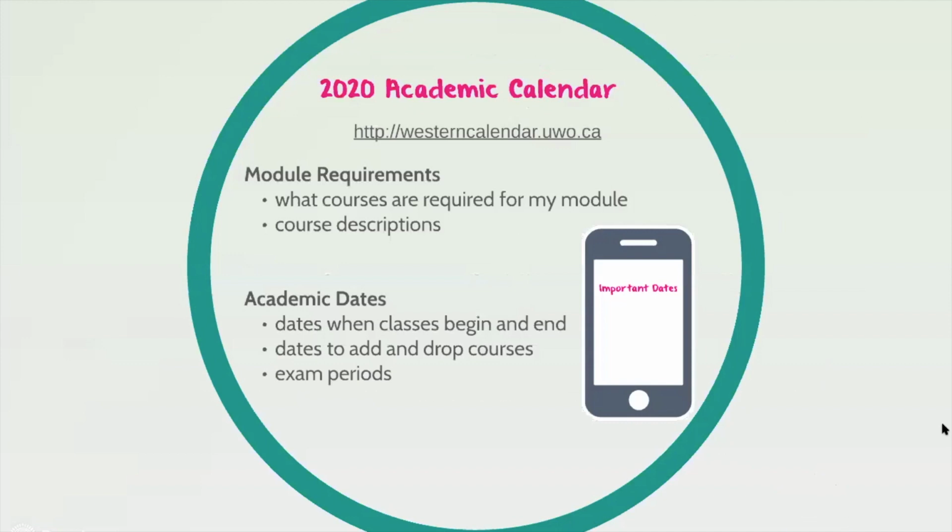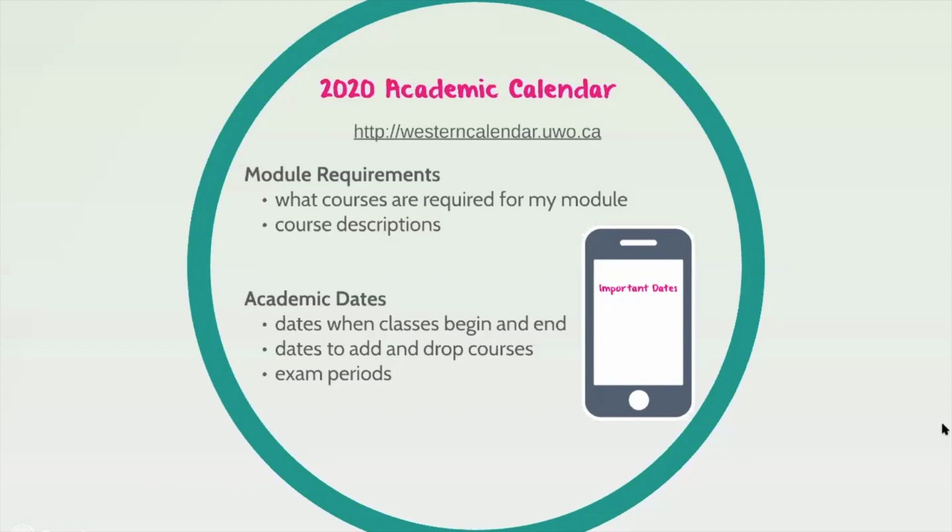When you click on the courses, it gives you a detailed description of what each course entails. Also on there are different academic dates: when classes start and end, different dates and deadlines for adding and dropping courses, as well as your different exam periods. So definitely check that out before the school year begins. Put them all in a planner so you know exactly when those things happen.